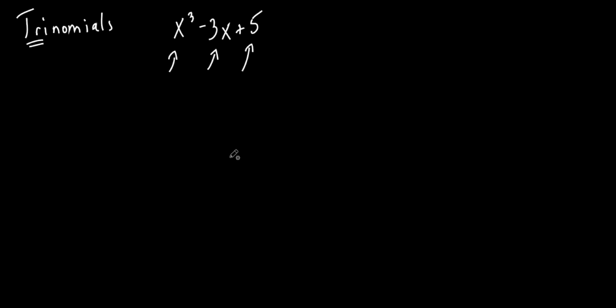Now, I'm going to give some examples of polynomials, and we're going to do that whole coefficient and degree thing again, all right? But this time it's not going to be a monomial, it's going to be a polynomial. It's going to be several. Some might be binomial, some might be tri, but some might be more. So what is this thing? All right.